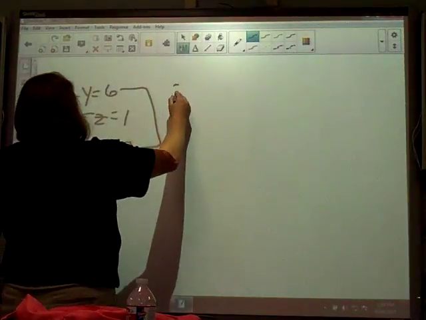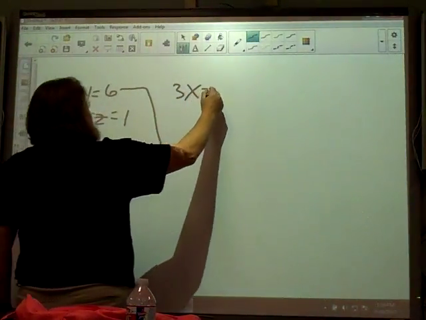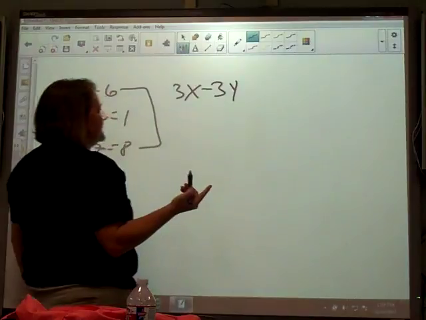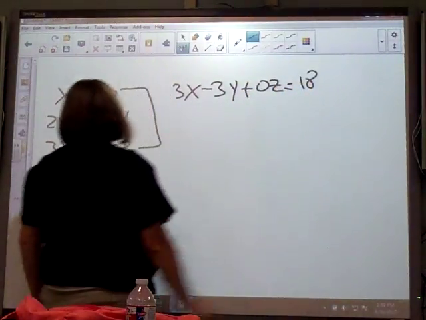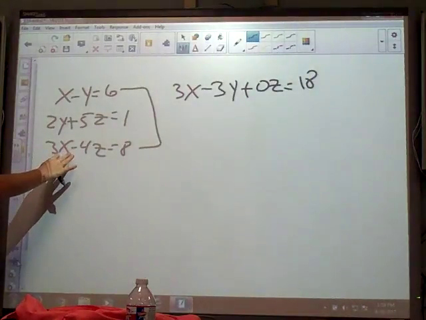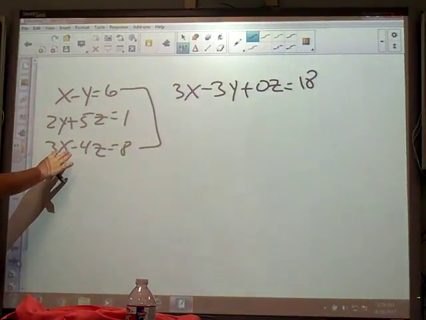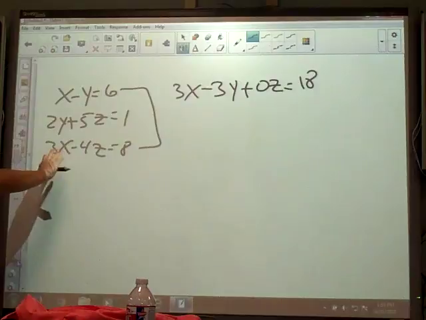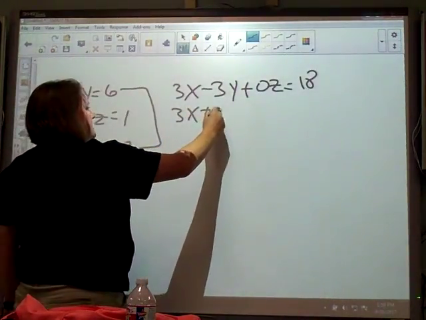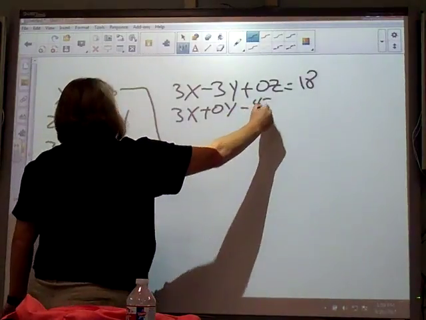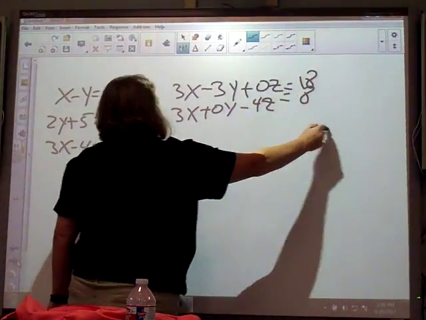So I'm going to have 3x minus 3y plus 0z equals 18. When I write this one, where am I going to put the 0? Which letter is it missing? Y. So it's 3x plus 0y minus 4z is equal to 8.